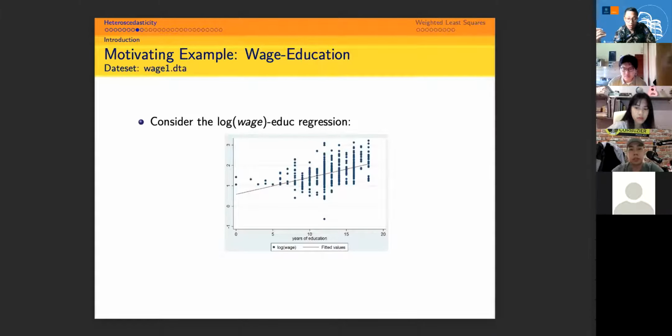Now, as you can see, there are several values of x where the distribution of the variable is relatively small, but there are some values of x where the distribution is relatively wide.